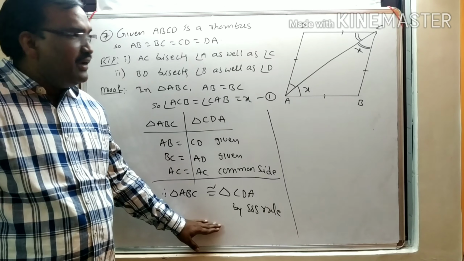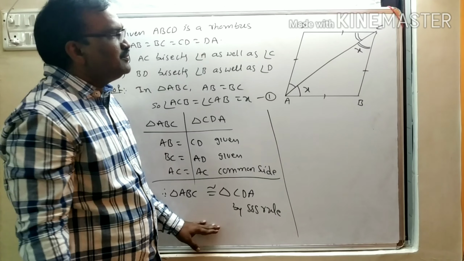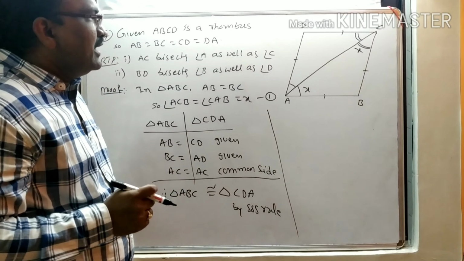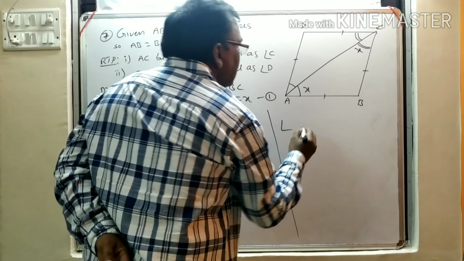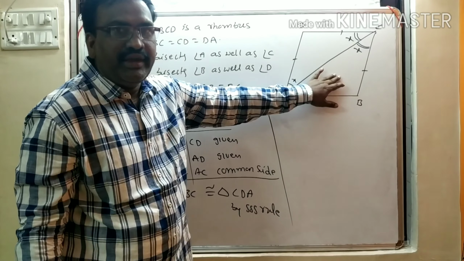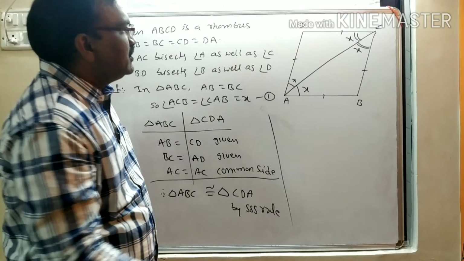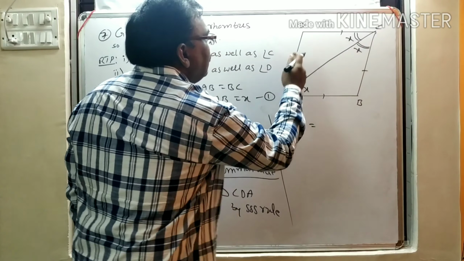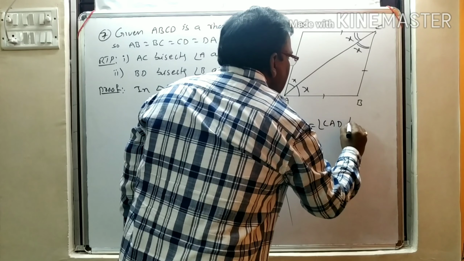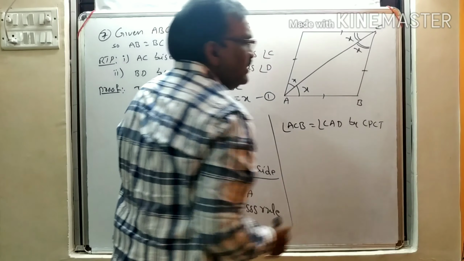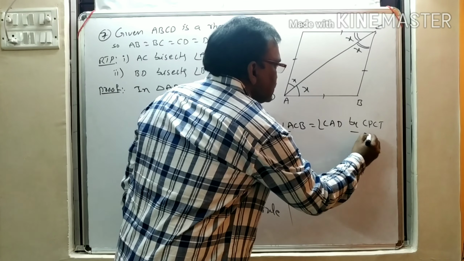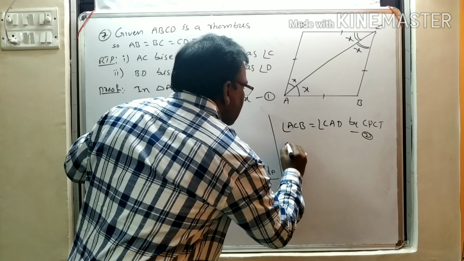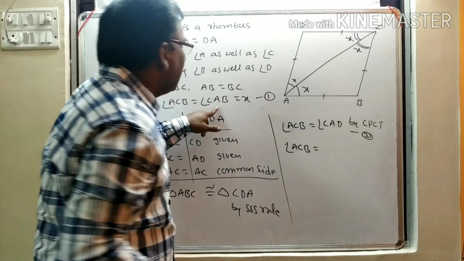Once the triangles are congruent, their corresponding parts are equal. So angle ACB is equal to angle CAD by CPCT. This is 2. What is 1? Angle ACB is equal to angle CAB.